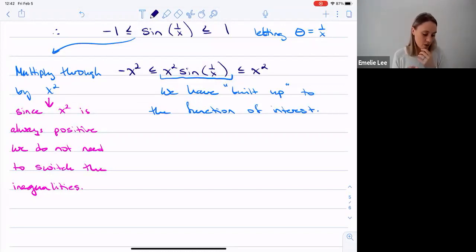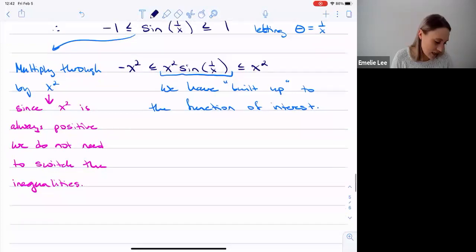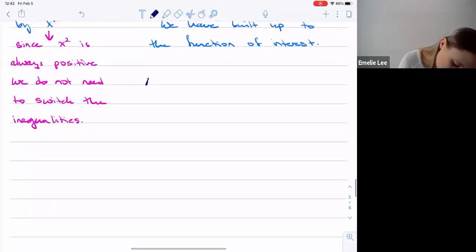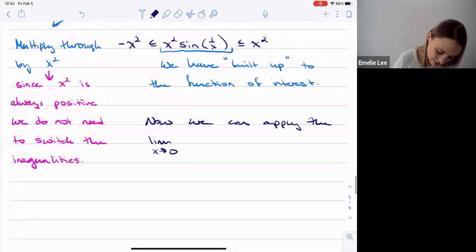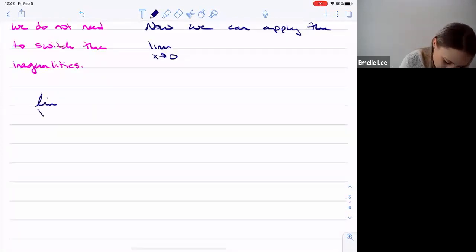Okay, so now if you refer back to the squeeze theorem, we have f of x, g of x, and h of x. So this big function is squeezed between f of x and h of x, which happen to be -x squared and x squared. So now we can apply the limit as x goes to 0.